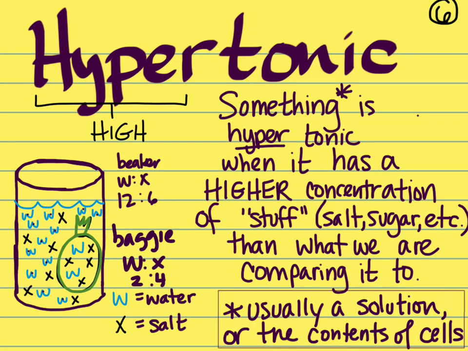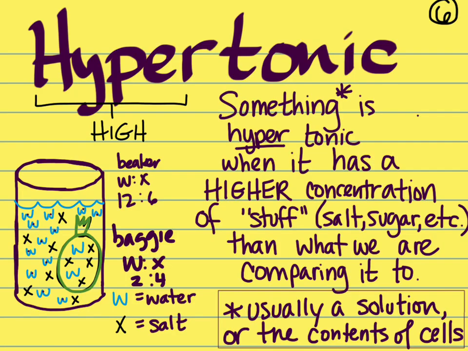So if we look at this little beaker with a baggie in it, you'll have to trust me. If you count up the W's and the little X's, we have 12 W's, that means water, and we have 6 X's. Inside the baggie, we have 2 waters for every 4 X's.